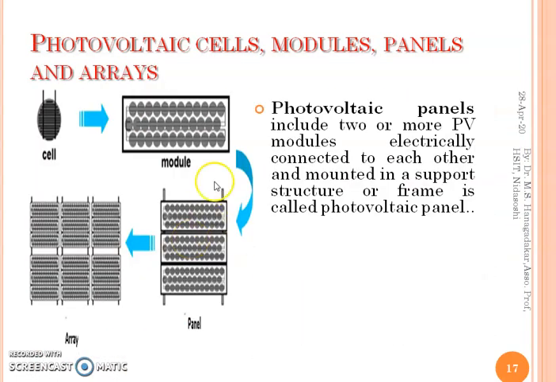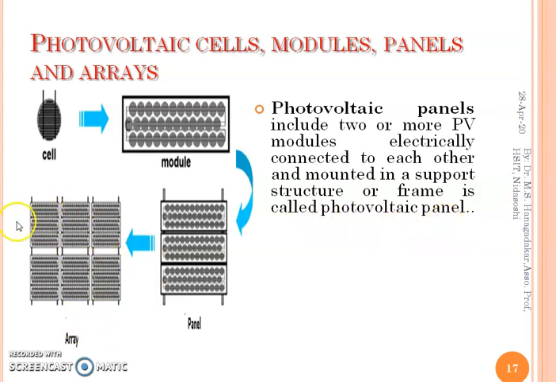You can observe here 1, 2, 3: three modules are connected on a support structure. So a photovoltaic panel includes two or more modules which are electrically connected with each other and mounted on a support structure or in a frame. We get the structure called the photovoltaic panel.